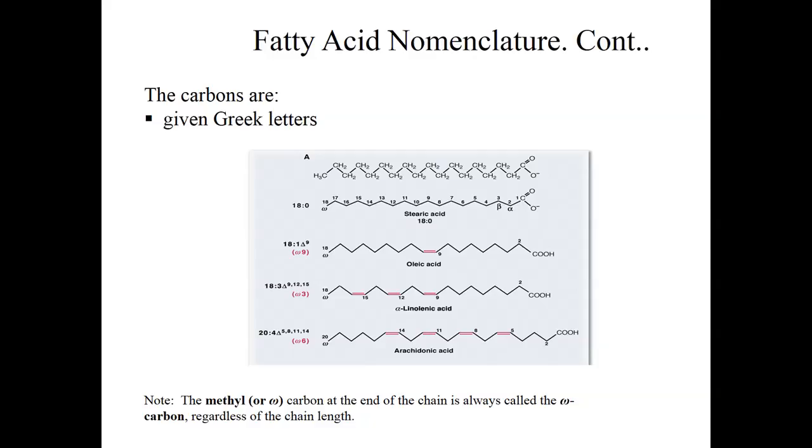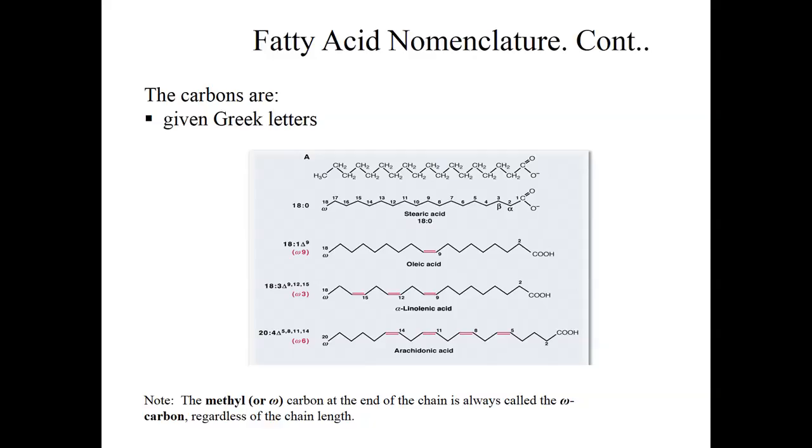Okay. Now, so fatty acid, it's a general nomenclature here. So now you can also name that based on the omega end. So one thing I have to remind you here is that, sometimes when you're naming the carbons, you start from the carboxyl group, okay? And that's your carbon number 1, 2, 3, 4, 5, 6, all the way to 18. So now you're going to see the alpha carbon, the beta carbon, and so forth. So what you have to remember, the carboxyl group is carbon number 1.